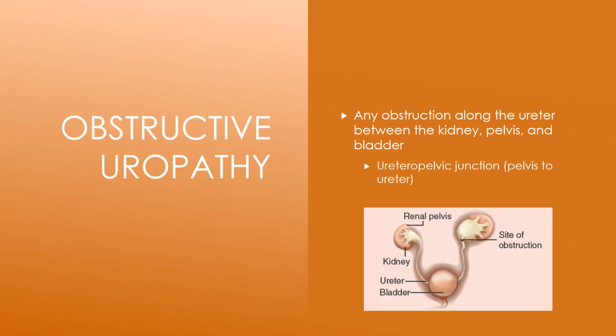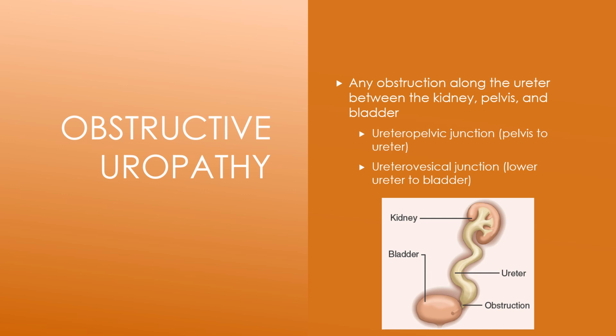So obstructive uropathy is any obstruction, we said, along the ureter between the kidney, the pelvis, and the bladder. You can see your picture there of the anatomy. This means that some of the common sites for this disease process may include the ureteropelvic junction, so the pelvis to the ureter may be obstructed.